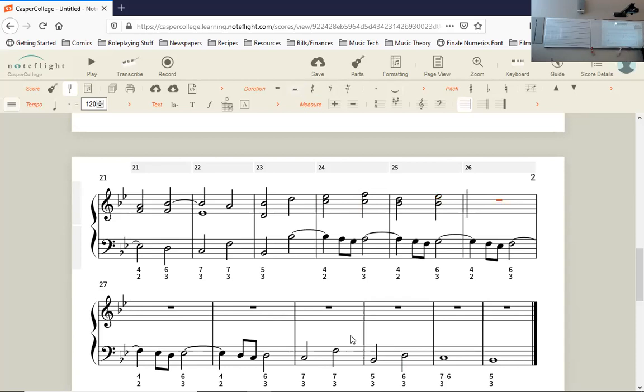Inner voice down A, A, G, G. Down to the resolving to mi here. Good. All right, top voice.